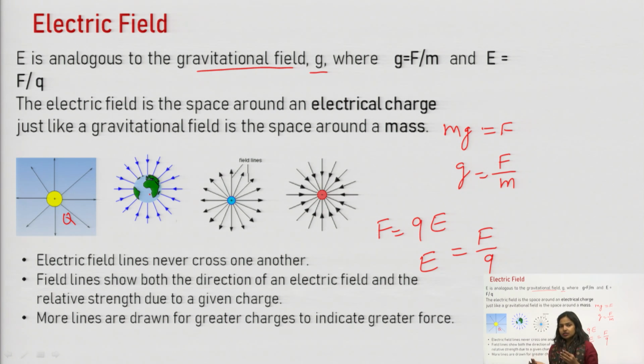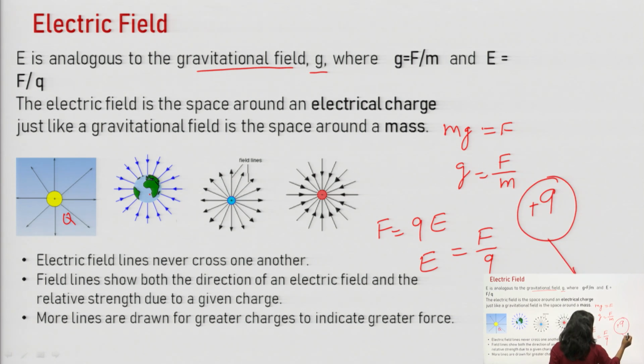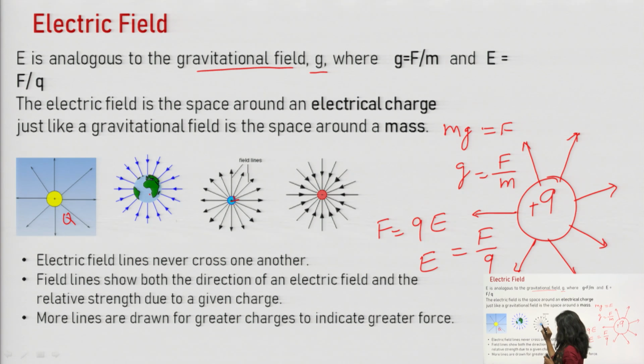Now, as charges are of two kinds, positive as well as negative, if the charge Q is kept somewhere and it is positive, it will radiate lines of force outward like this. Here you can see the positive charge radiates field lines in the outward direction.